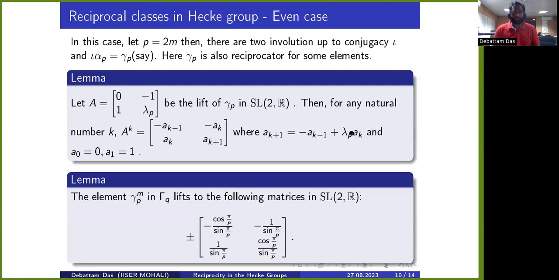For that, we take A as a lift of gamma p and calculate A to the power k. In the next lemma, we calculate the lift of gamma p to the power m, which is given by that matrix.